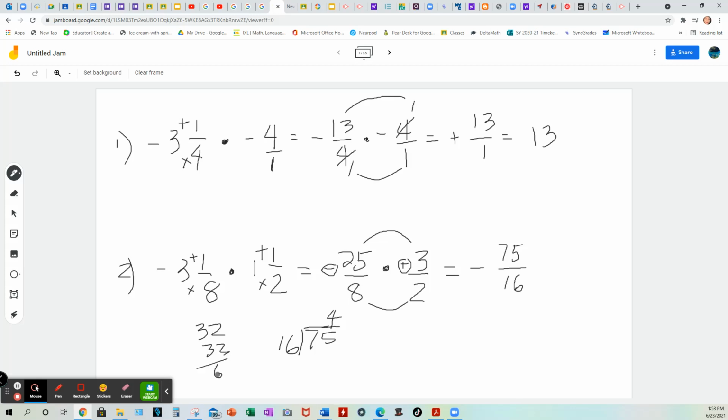That would be 64. So we can get 4 groups of 16 from 75. 4 times 16 is 64. And our remainder will be 11. So this can now be written as negative 4 and 11 over 16.